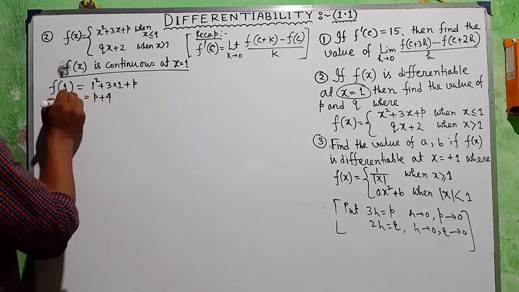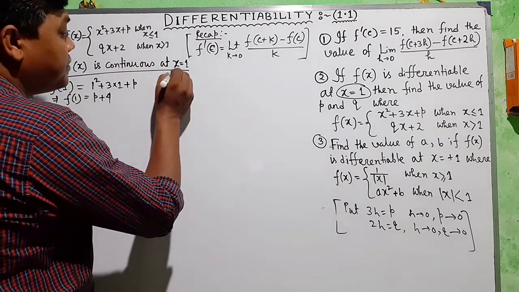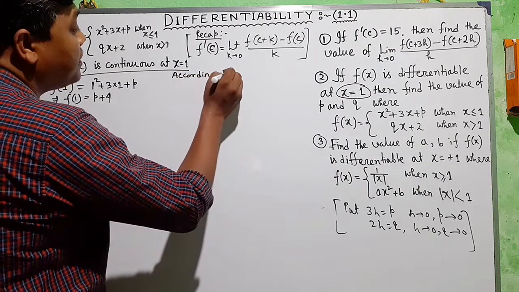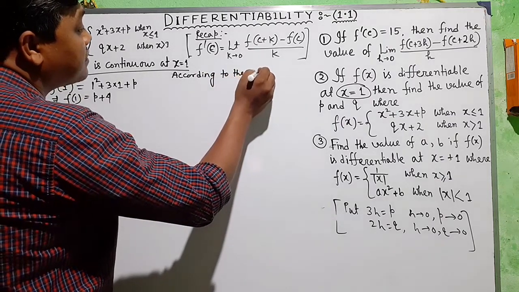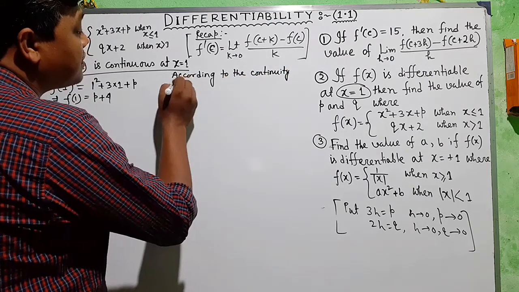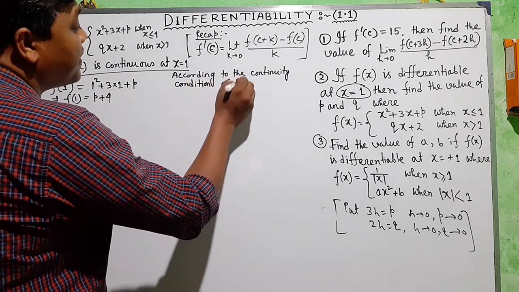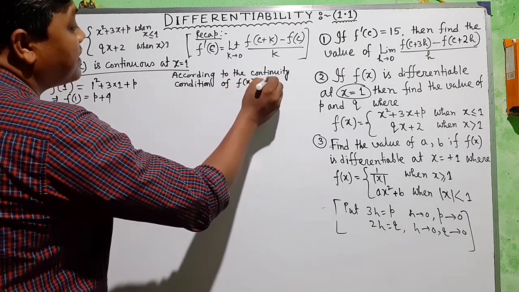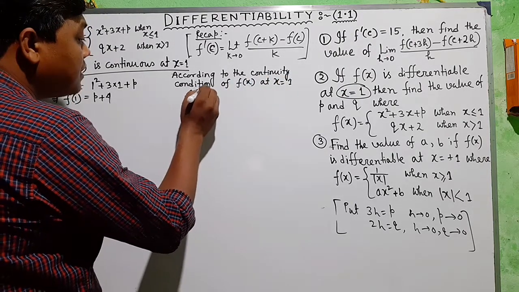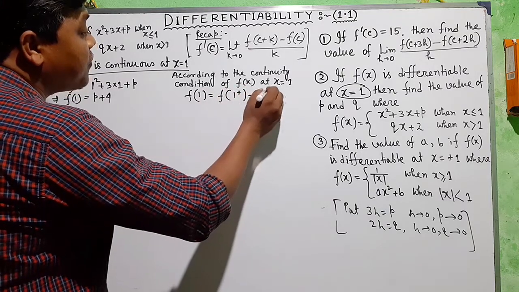Right? f(1). Because according to the continuity condition, the limit of f(x) at x equals 1 is f(1), that equals f(1) plus, that means the right hand limit, f(1) minus.